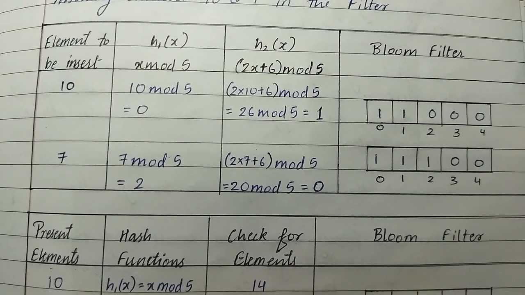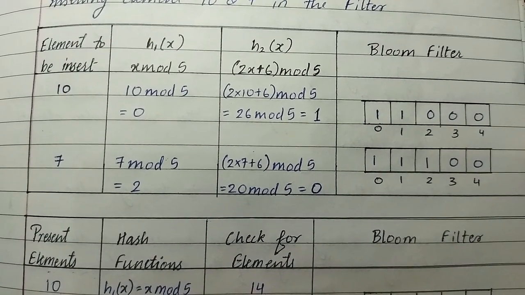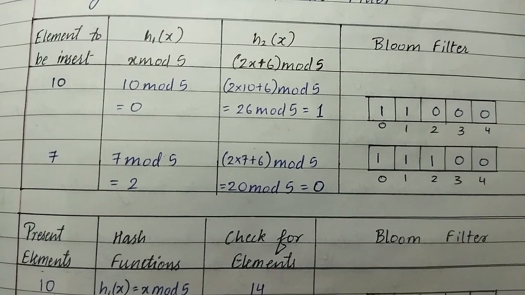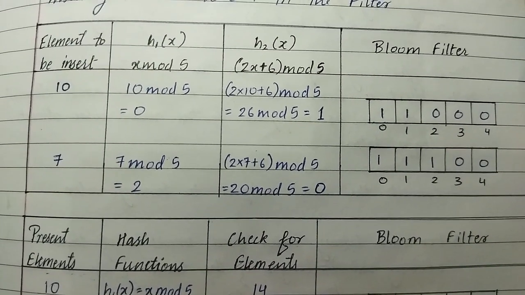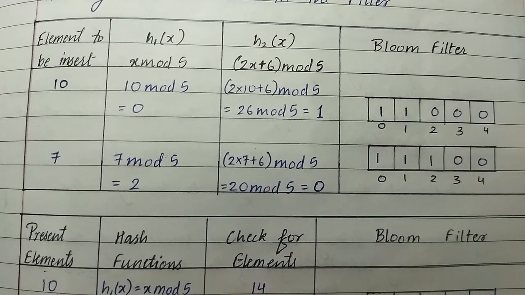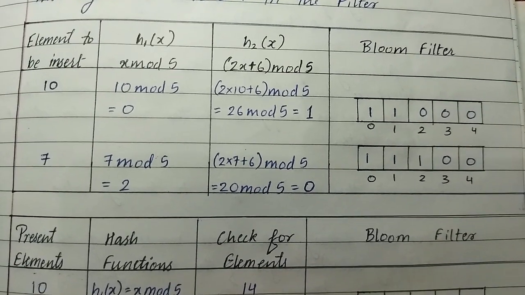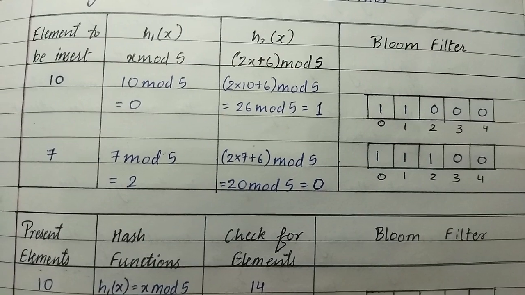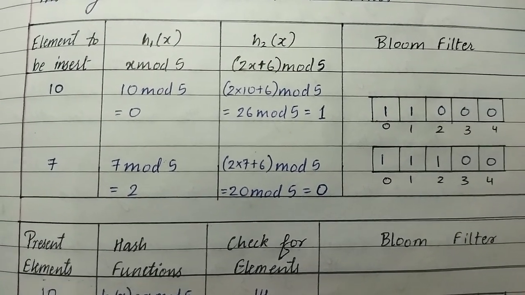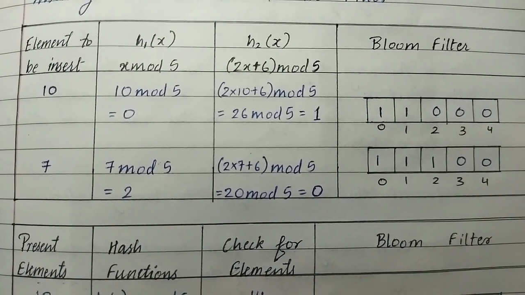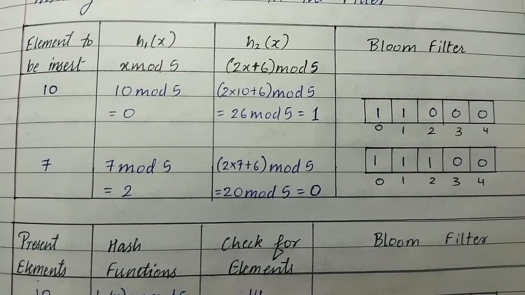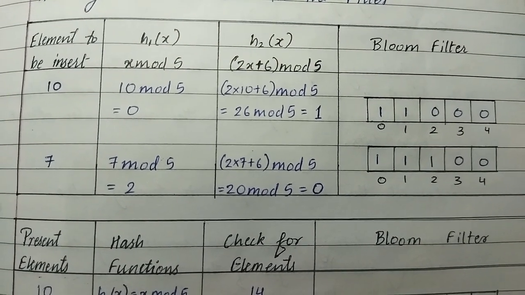So for 10, for the h1 function, we'll replace the x with 10, so it will be 10 mod 5, and after calculating we get the answer as 0. Now we'll replace x with 10 for the hash 2 function as well, so we will get 26 mod 5, and after calculating that we get the remainder as 1.